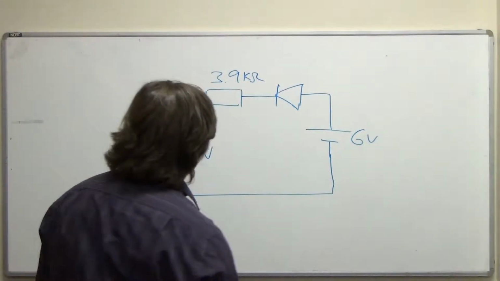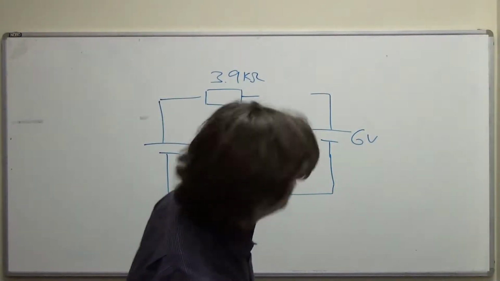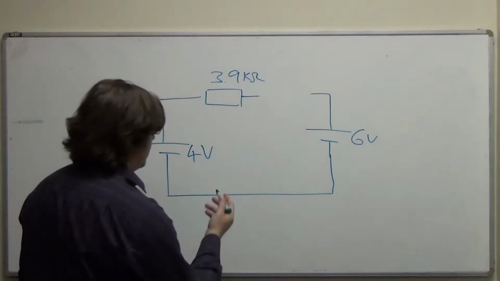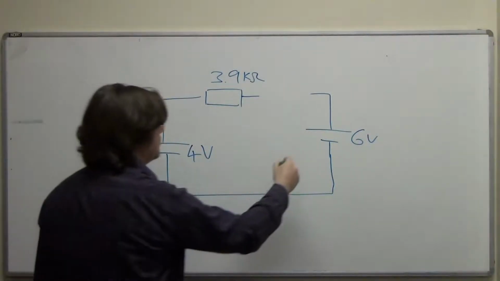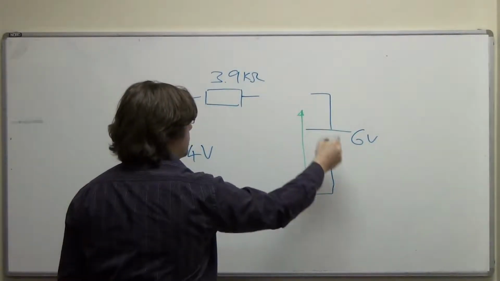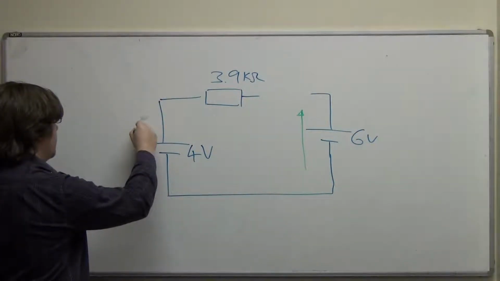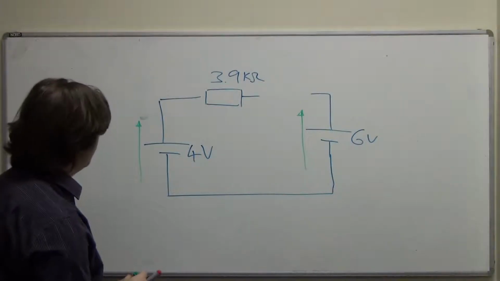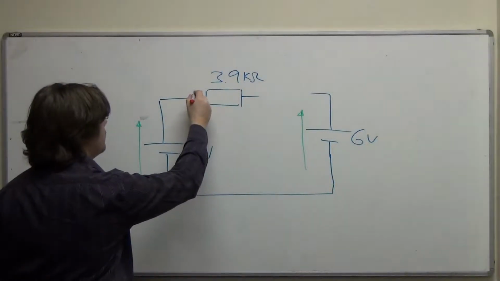So if I replace the diode with an open circuit, I'll end up with this. And if there is this one loop now, I've got 6 volts here, because I've got the 6-volt battery, and I've got 4 volts here, and I can't have any current in here.